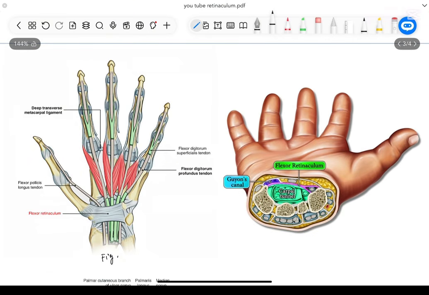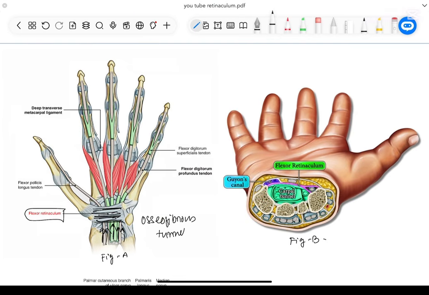So first, this is figure A, and this is figure B. On figure A you can see the connective tissue band looks like a wrist band, and that is the flexor retinaculum, and underneath some tendons and structures are passing. And how is this bridge making the osteofibrous tunnel?